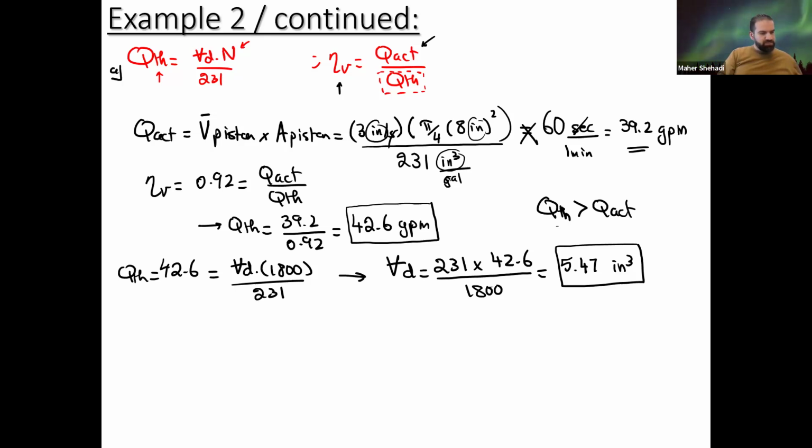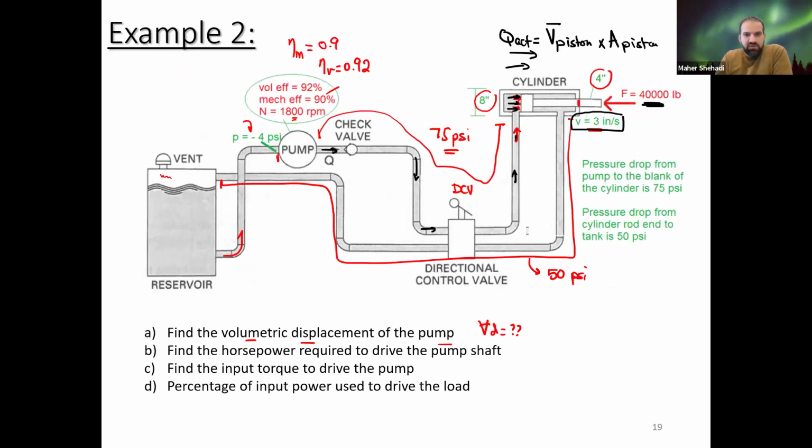I'll just discuss part B, but we'll solve it next time. It's going to take more than 5 minutes. What we're looking for is the horsepower required to drive the pump shaft. So that's P inlet into the pump. You have two options.